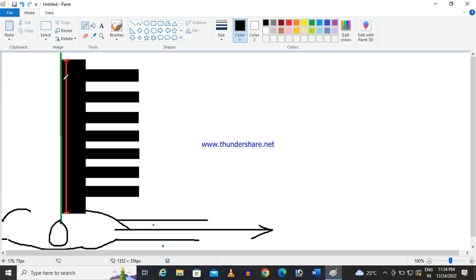This green line indicates the central line. Let's take another color, blue. This blue color is the stem of the valve, and at the end of the stem, the disc is connected.